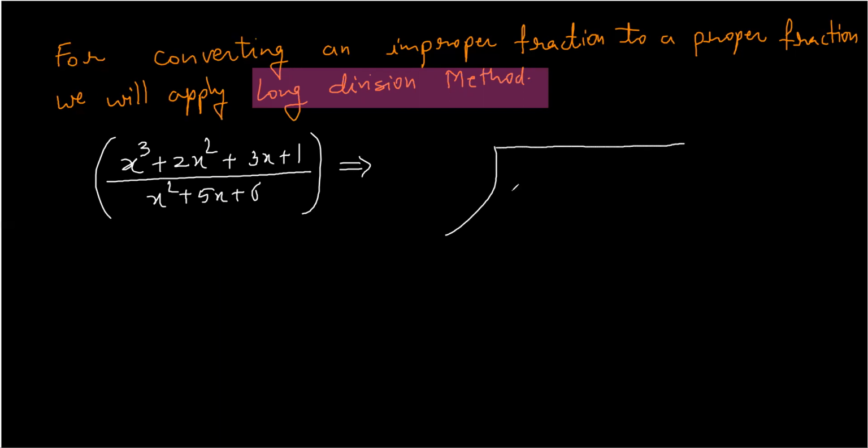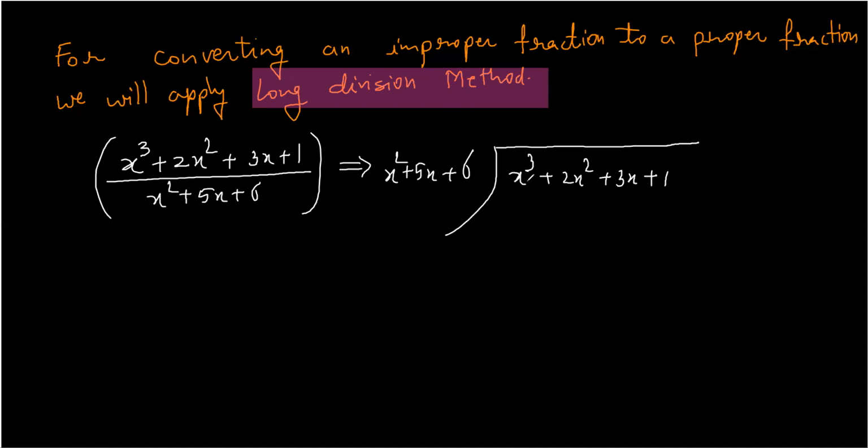Here I have x cube plus 2x square plus 3x plus 1, and I will divide it by x square plus 5x plus 6. I have written the powers in descending order. This is the dividend, and this is the divisor. Make sure that you write the powers in the divisor and dividend both in descending order.